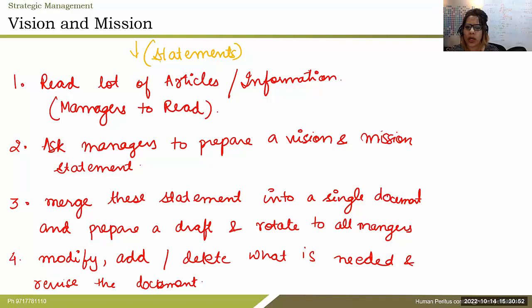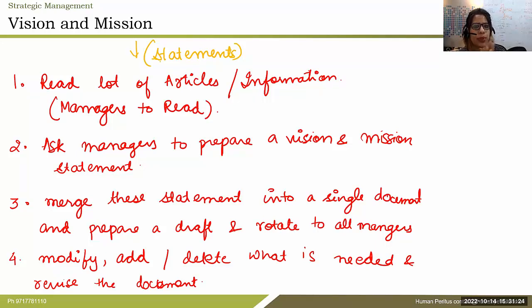So at times, to remove any kind of bias, for all the discussion on that particular single document or the draft that has been prepared, they hire a consultant and ask him to modify or delete, because that consultant would be unbiased, right? And then once that has been done, you frame it into a language which is accessible or readable to all the people, right?